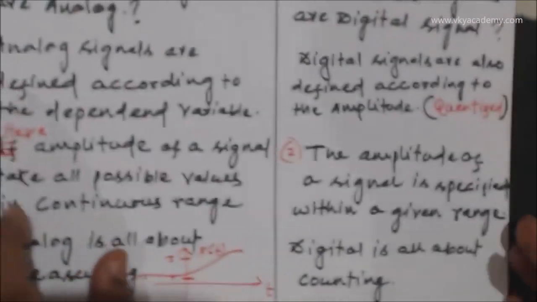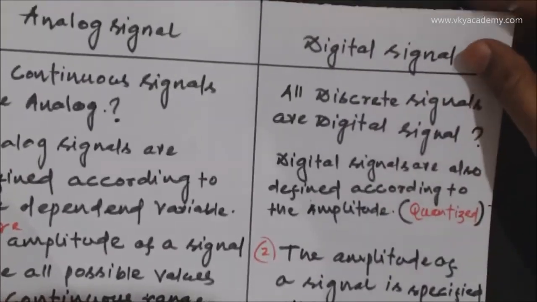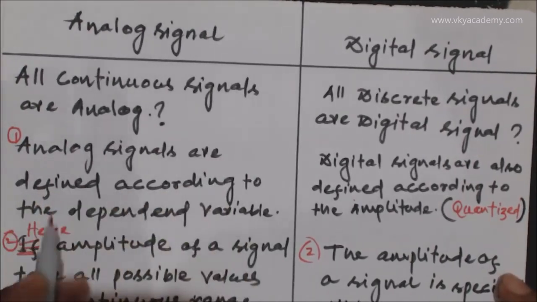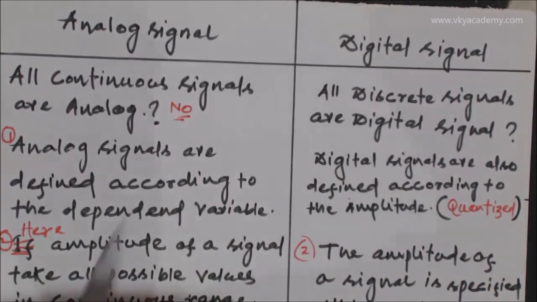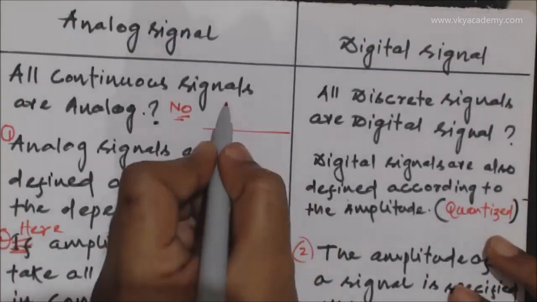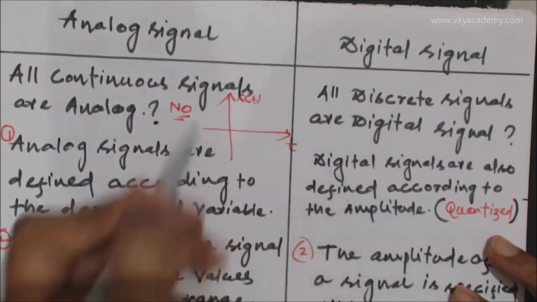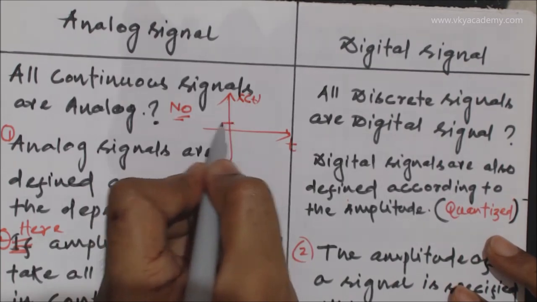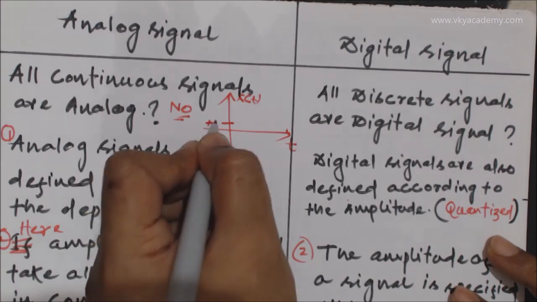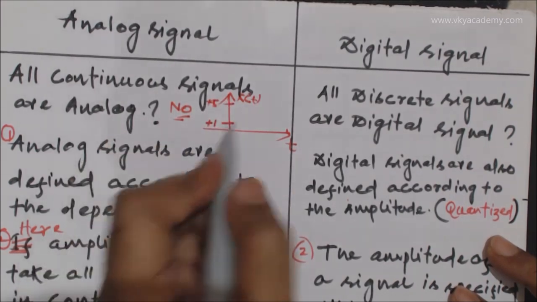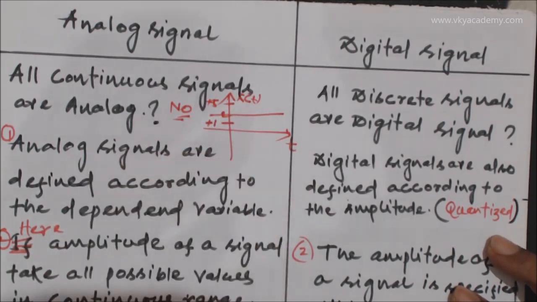Now coming to our question, are all continuous signals analog signals? Then we can say the answer is no. From the whole discussion we can say the answer is no, because if this is time and this is x of t, and let the system be taking values from +1 to +5, and I have a signal here which is restricted to the amplitude 2.